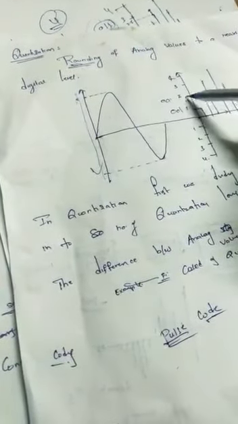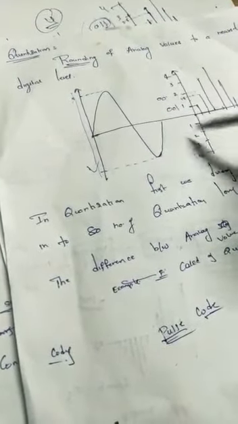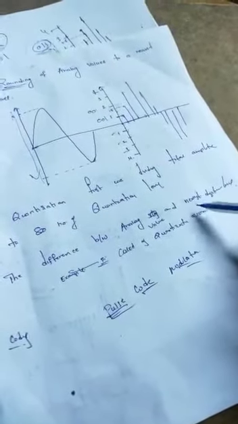I already explained that here the total amplitude is divided into 8 digital levels: 0, 1, 2, 3, 4, and then -1, -2, -3, -4. So we round off each and every sample to the nearest digital level. This is called quantization.